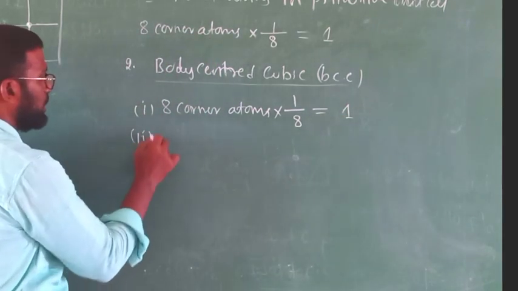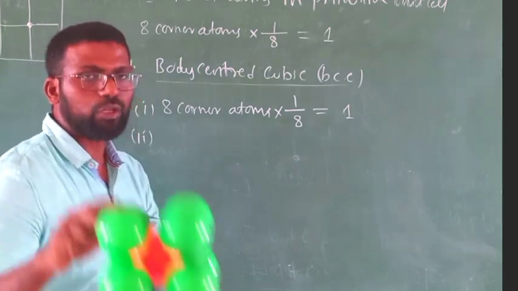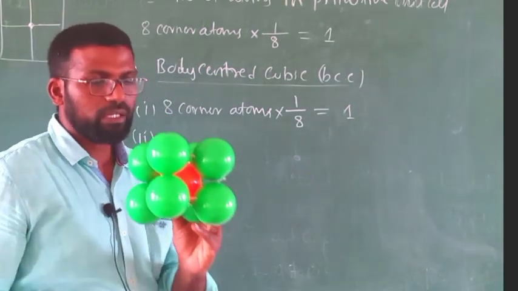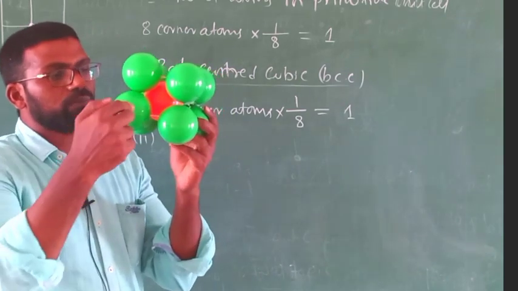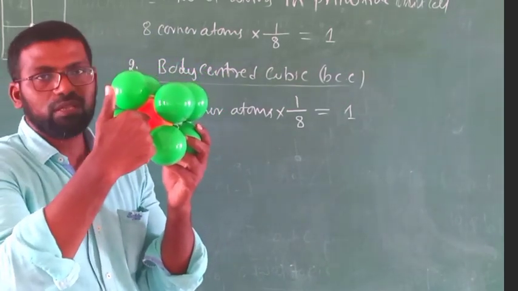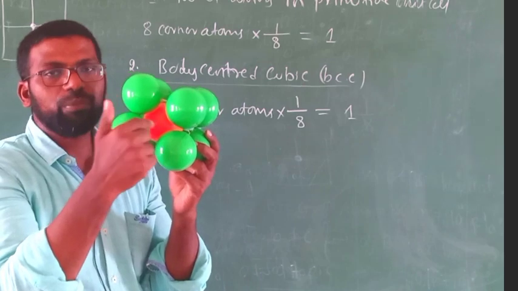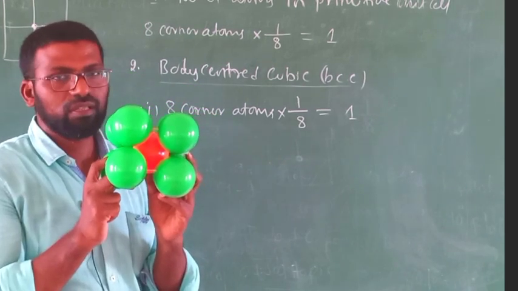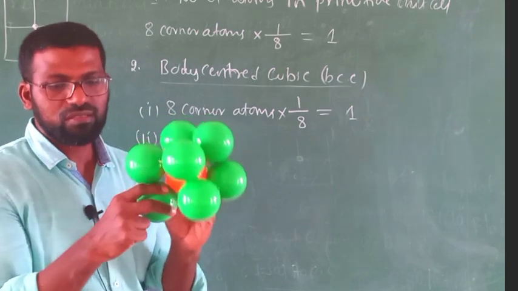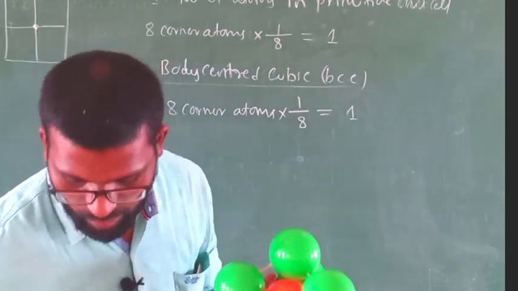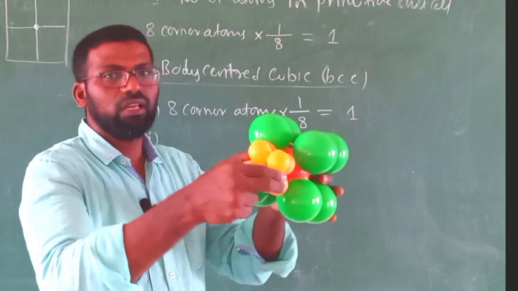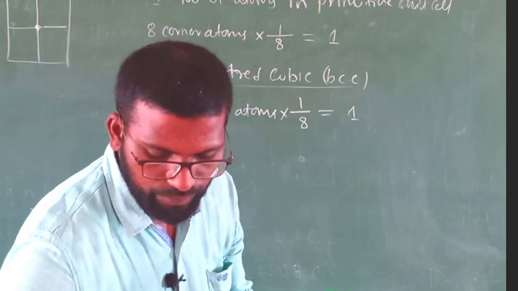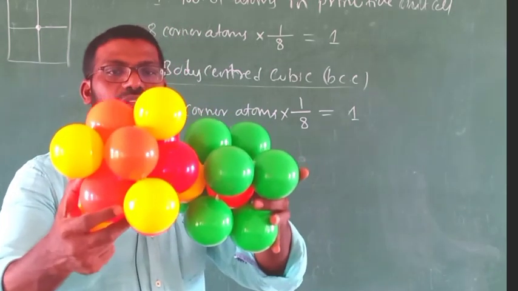Next, in the second step, in the body-centered cube, there is 1 more particle at the center of the body. Can you tell me how many other unit cells this body-centered particle will be in contact with? Suppose I place some other unit cell here, can it be in contact with this unit cell?